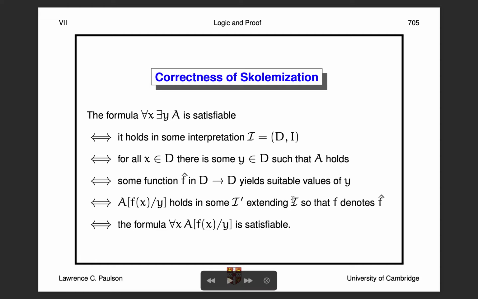But for this thing to hold, for all x in D, of course, for this to hold is exactly what it means for this formula at the bottom to be satisfiable. And that is why Skolemisation preserves satisfiability, and as I've been repeating a couple of times already, preserving satisfiability will be enough for us because we are only interested in the question of whether our set of clauses is satisfiable or not.